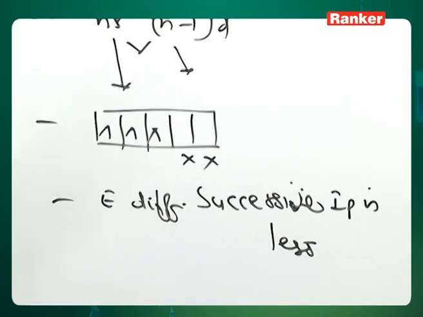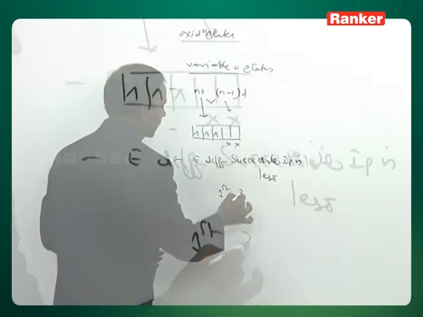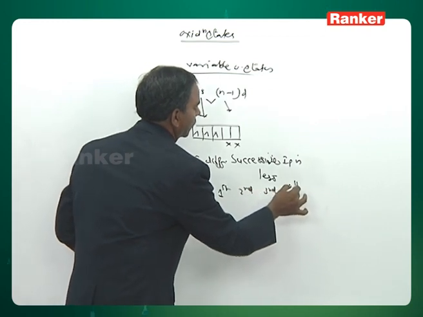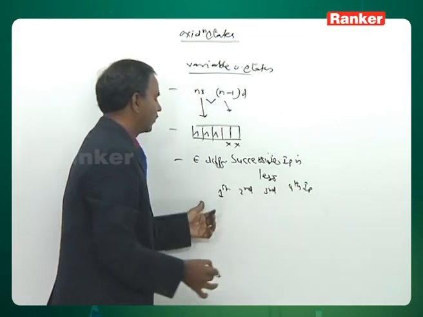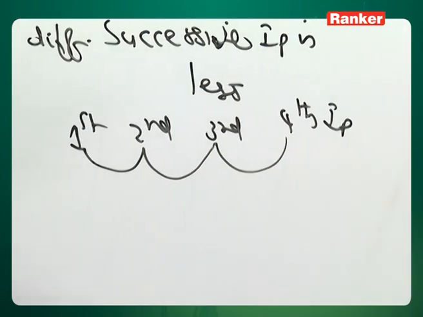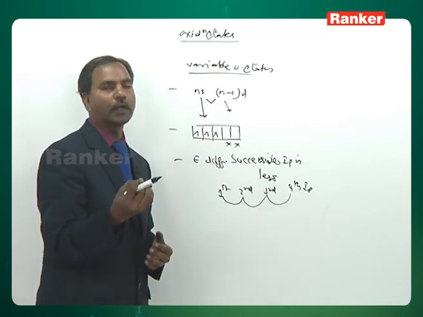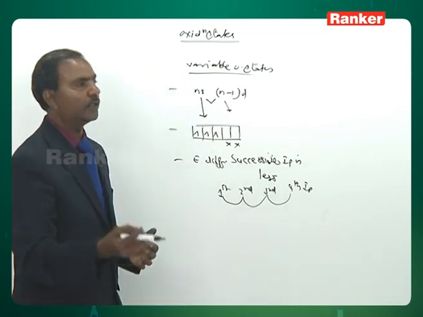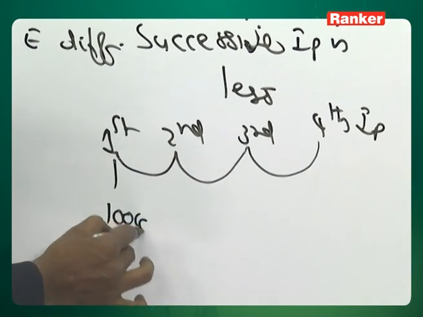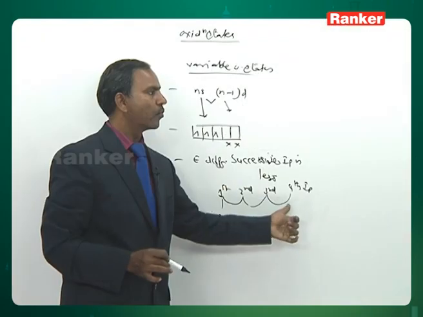What are these successive IP values? Take the first IP, second IP, third IP, fourth IP: the first IP to second IP, second IP to third IP, third IP to fourth IP. The energy difference between the IP values is less. Suppose first electron removal requires 100 kilocalories of energy, for example, then the next requires only 120, 130, 140 like that.